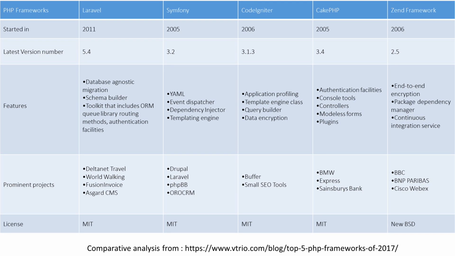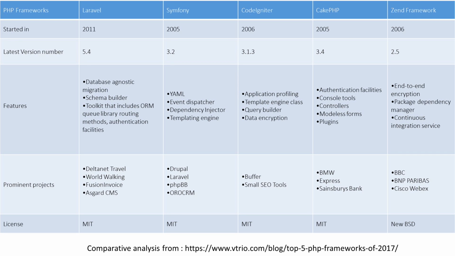Cake PHP is used by BMW Express, Sainsbury Bank, etc., and Zend framework is used by Cisco and BNP Paribas Bank. All others have licensing of MIT except Zend. Zend follows the licensing features of new BSD. So, these are the top 5 comparisons of top 5 frameworks.